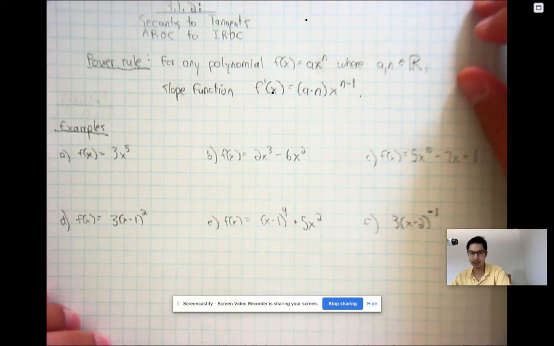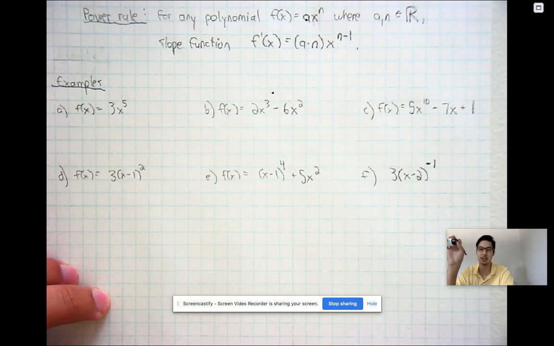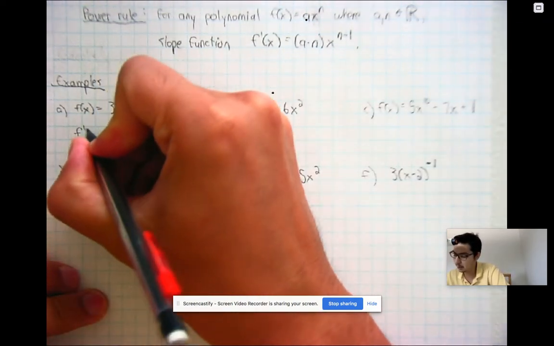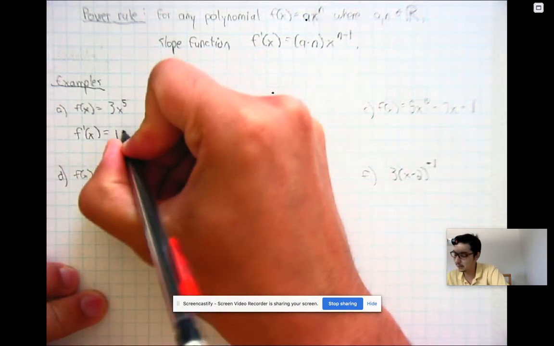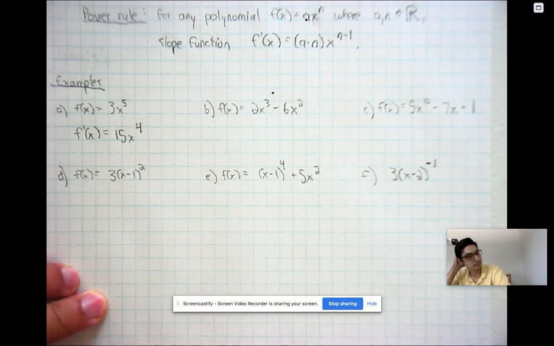Now here are some examples of it at play. You saw it in the last video, and this video goes into more examples. Say the function is 3x to the fifth. Well, that means its slope function is f prime of x equals 15x to the fourth. And that is the slope function there, which is fascinating.